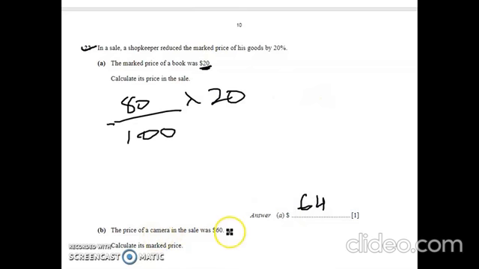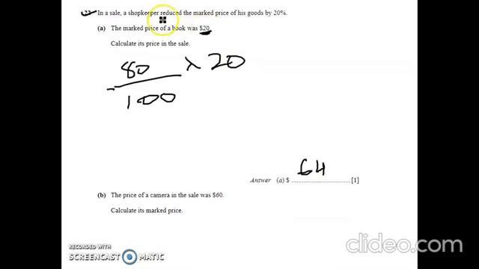The price of a camera in the sale was 60. Calculate its mark price. Okay. So we will follow this premise only, that the mark price has been reduced by 20%. Now we know the price after the discount was offered. So basically this is the price which shows 80%. So let's do this with the unitary method.